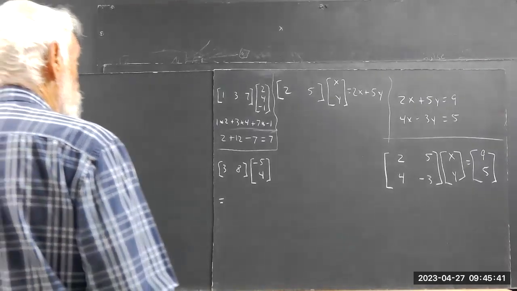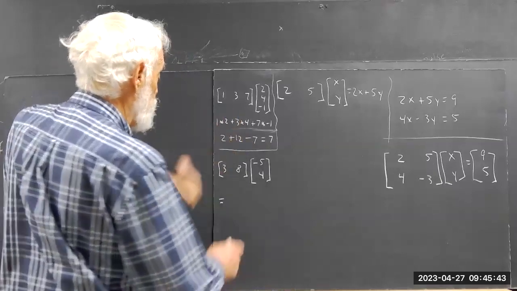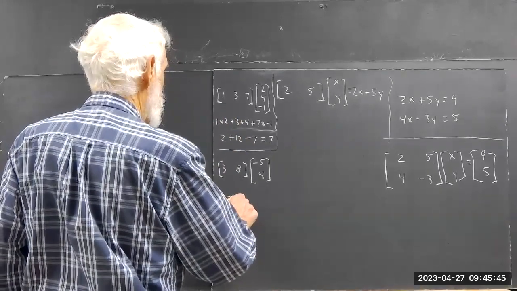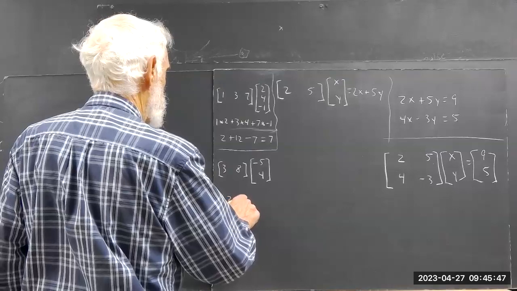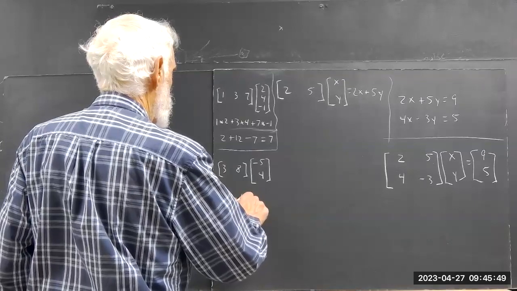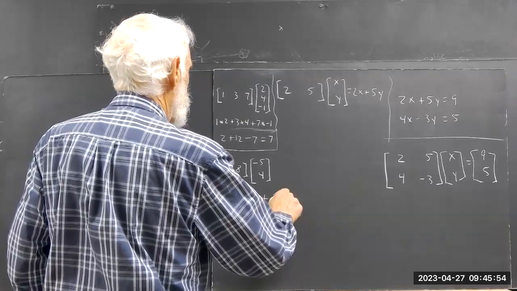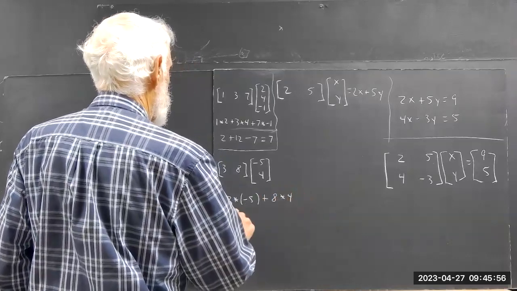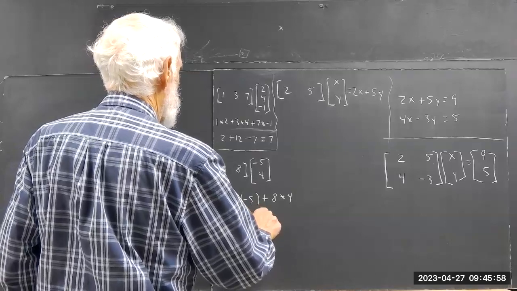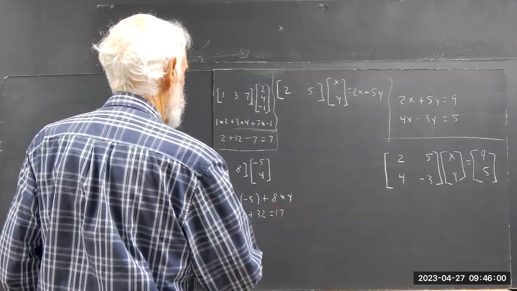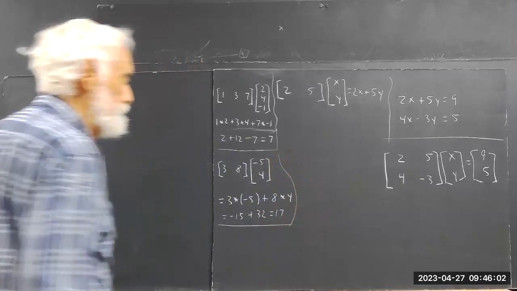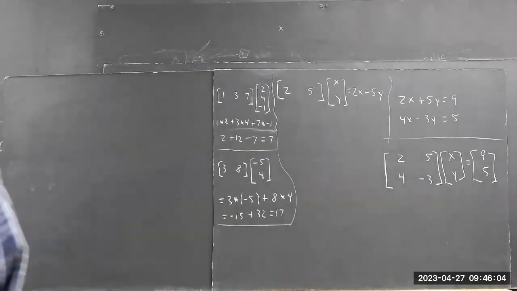You're all picking this up quickly. Okay, we have 3 times -5 plus 8 times 4, which is -15 plus 32, which is 17. Everybody did the multiplication carefully. Got that. Okay.